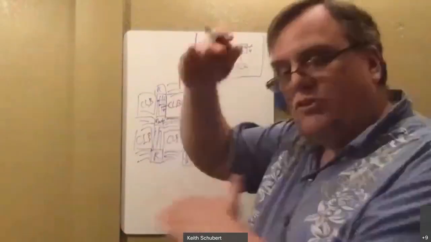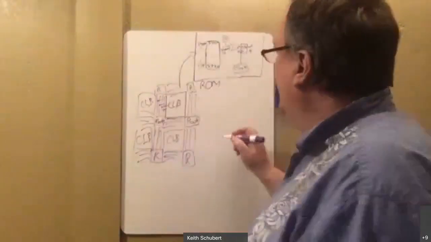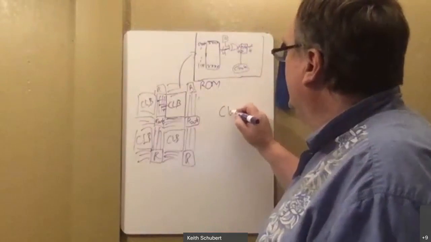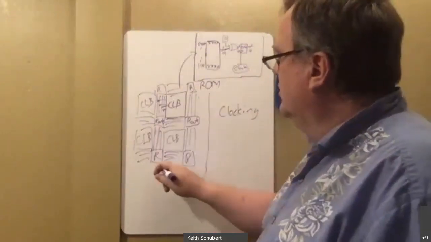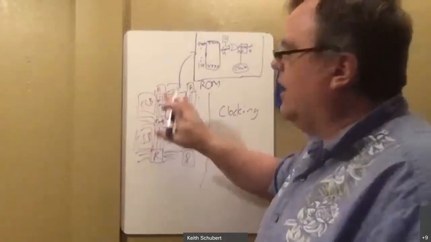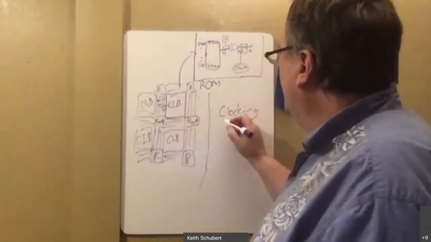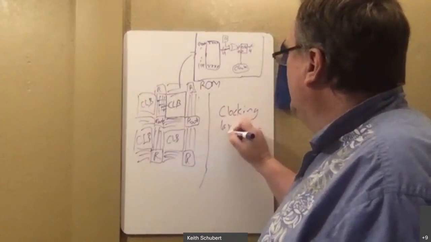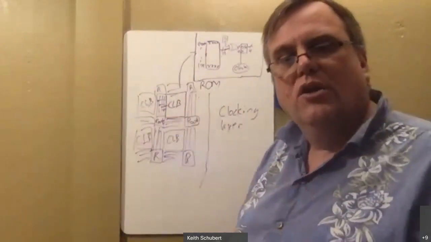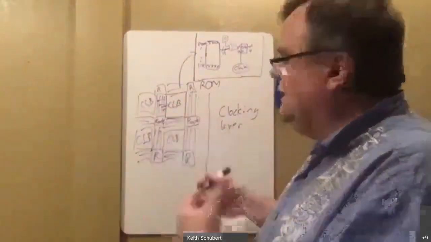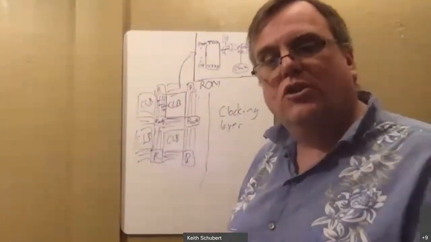But there's also layers above it. Since it's a multi-layer device, there's also a clocking layer. This is one layer that has all the normal signal routing and all the logic. There's a separate layer that has the clocking, and it doesn't have a lot of logic on it, so that it's really easy to get the signals to where they need to go.